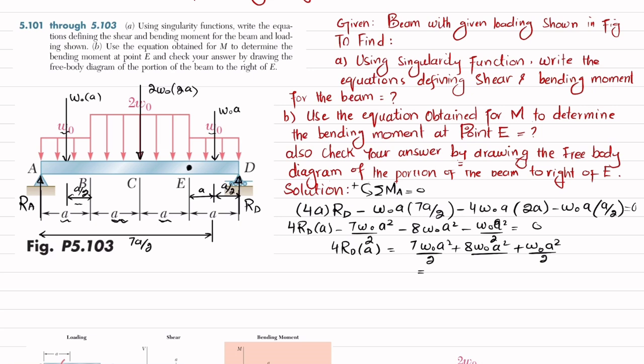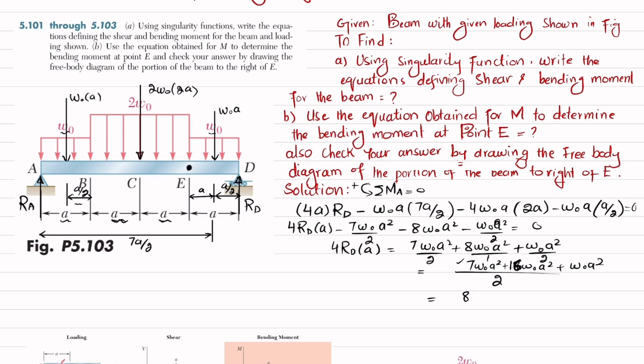What if I take the LCM, which is 2? Okay, I think I have made a mistake. Here there is a 1, so this will be 16, because 2 divided by 1 is 2 and 2 into 8 is 16. So make this correction.